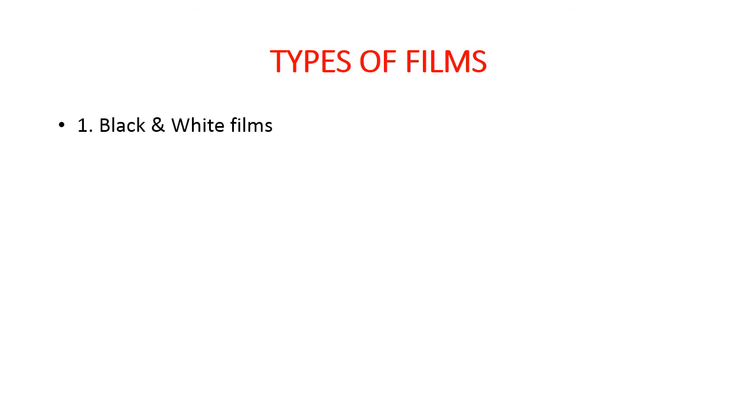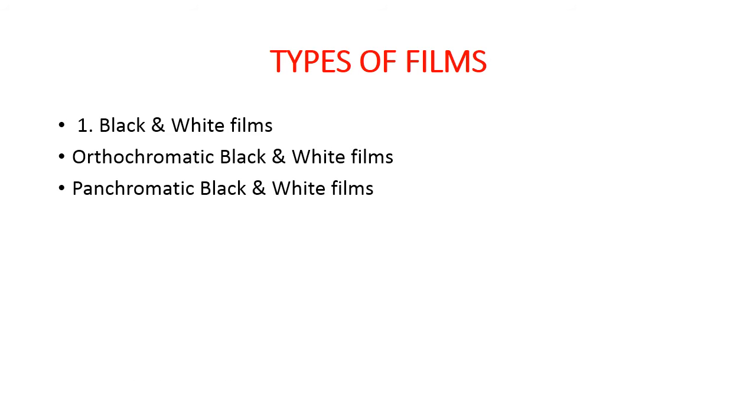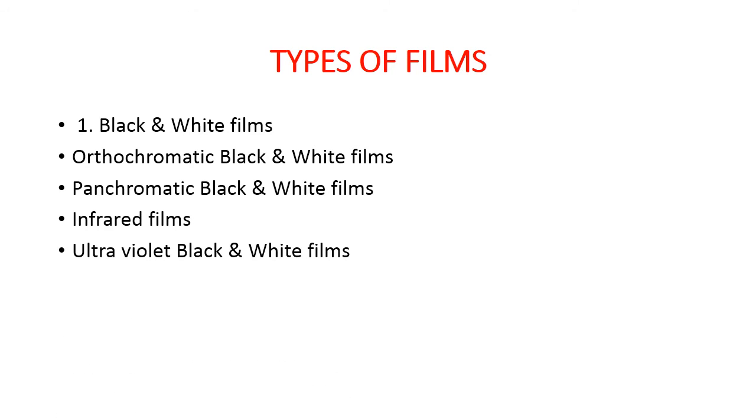But black and white film is classified into various types, such as orthochromatic black and white films, panchromatic black and white films, then infrared films and ultraviolet black and white films.